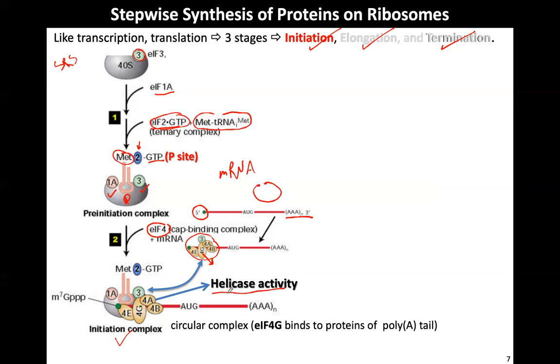So this helicase activity will release the messenger RNA and make it linear in order to be easily translated. So now we have a complex called the initiation complex that has the transfer RNA met, a number of initiation factors for translation, and the messenger RNA bound to the small ribosomal unit. This initiation complex is very important in initiating the translation.